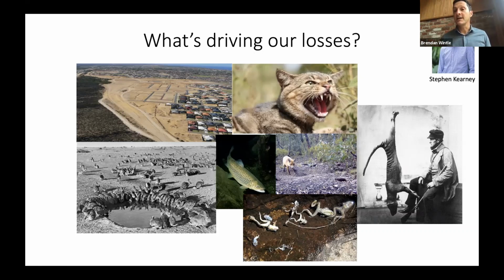I'm going to ask you to put your hand up if you think you can answer that question. I'm looking for a hand. Who's going to be brave enough to tell me the biggest threat to species in this country? If I don't see any hands go up soon, I'm going to have to keep the prize.